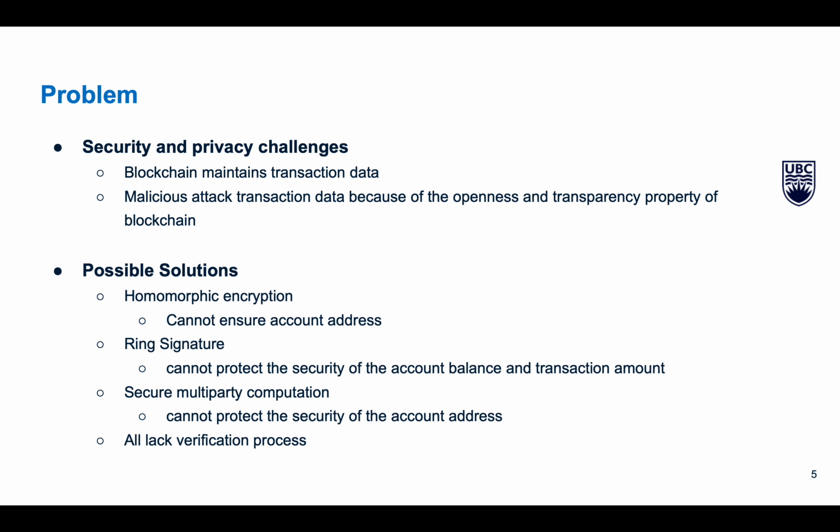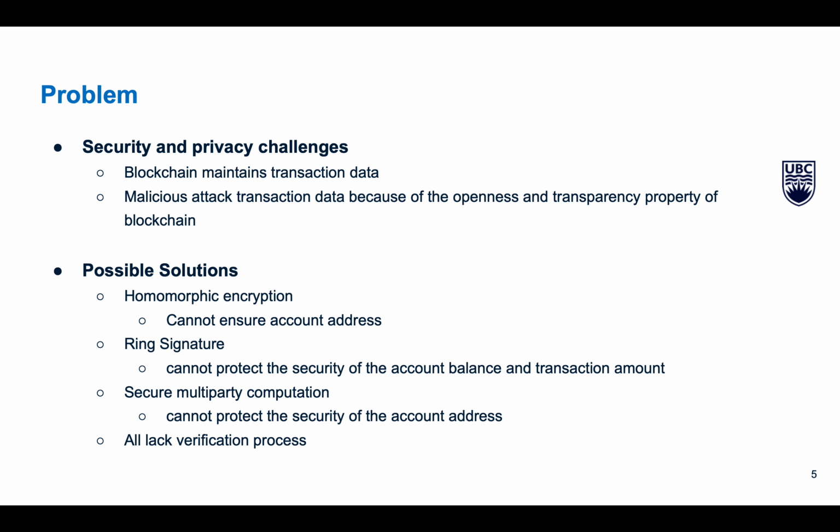There are some possible solutions to these security and privacy problems. For example, homomorphic encryption. Homomorphic encryption supports certain types of operations to be carried out on the ciphertext without decryption. It can protect the security of the account balance and transaction amount.